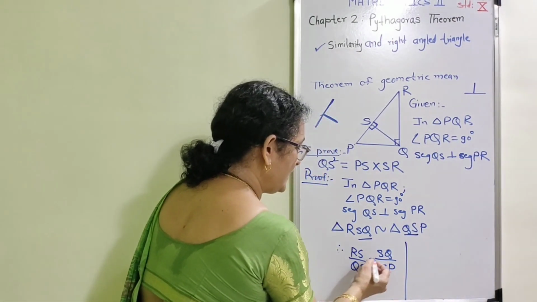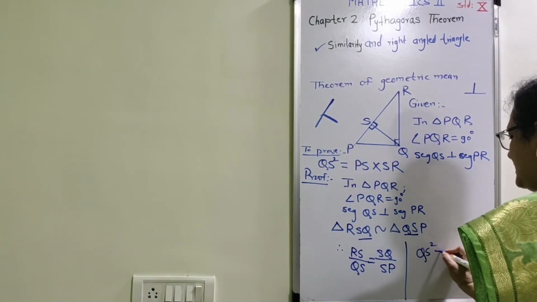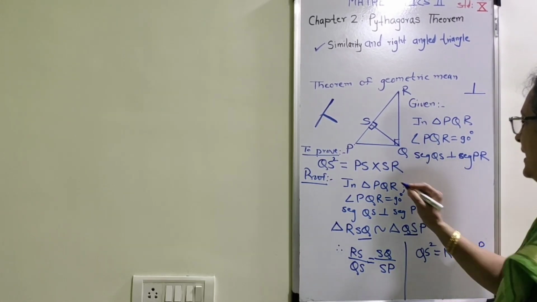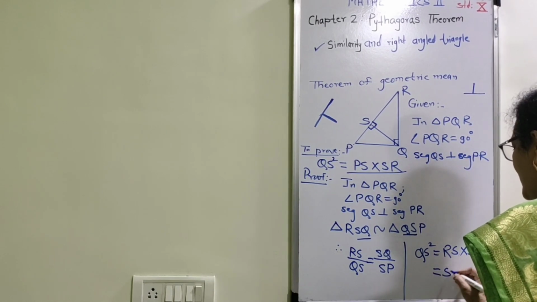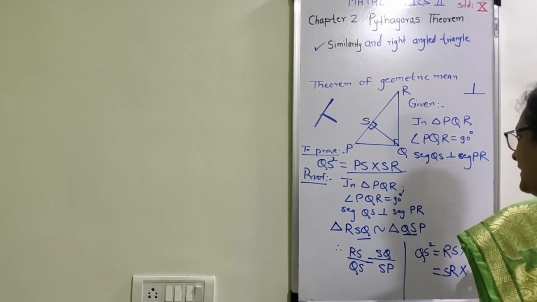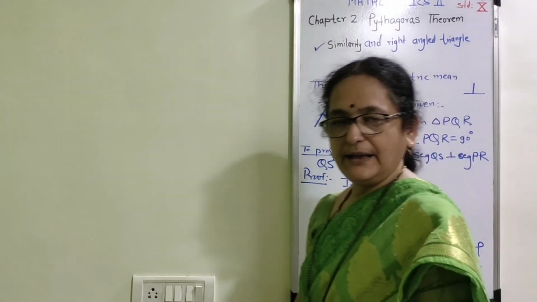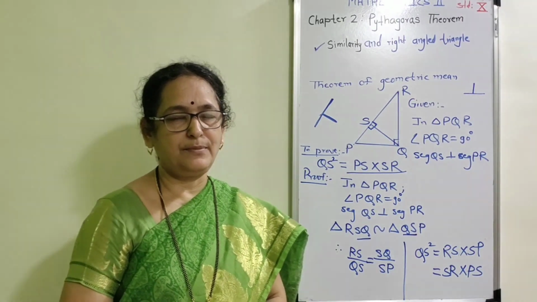Next step, QS square is equal to RS multiplied by SP, and that is what you are going to prove, that instead of RS I am going to write SR, and instead of SP I am going to write PS, and therefore here we have proved the theorem of geometric mean.